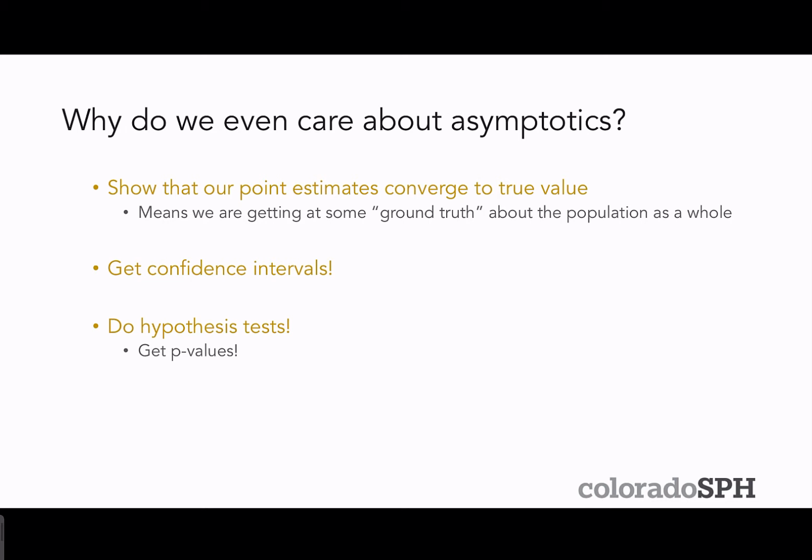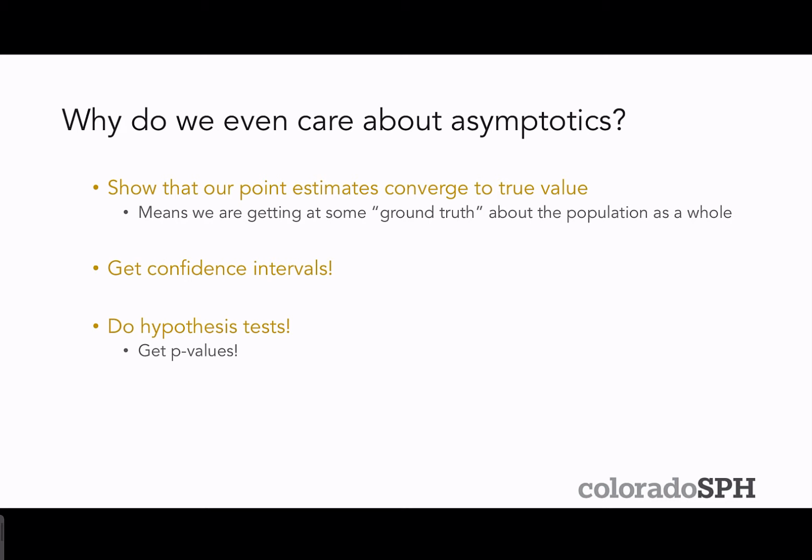Well, the reason why is that without asymptotics, we can't really make any inference about the estimators. Without asymptotics, we can't really draw any conclusions about the population we're trying to understand using our estimators.